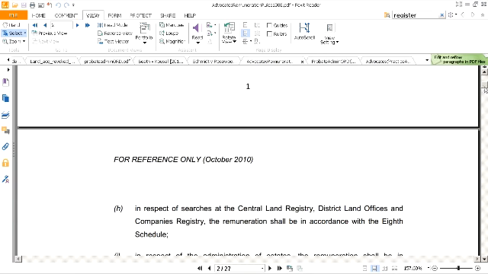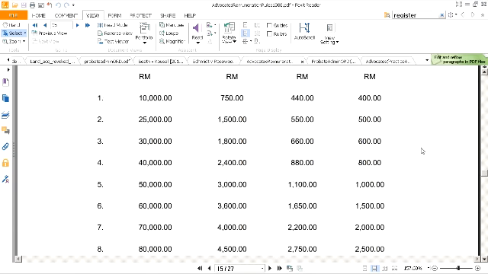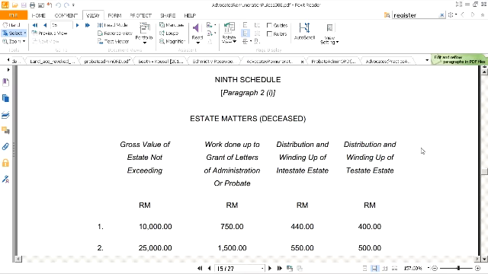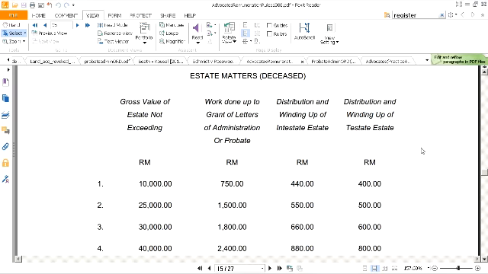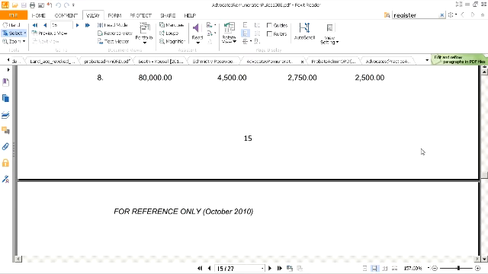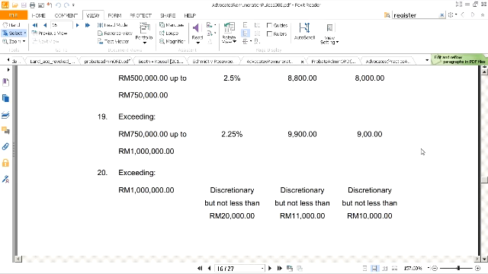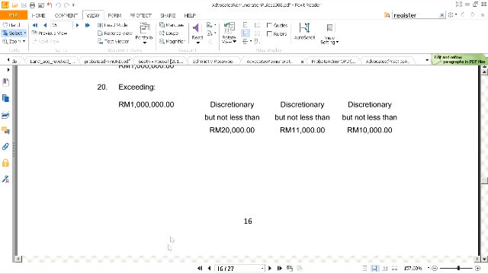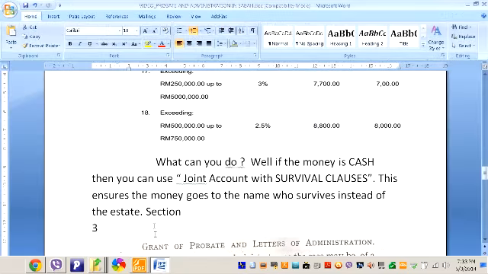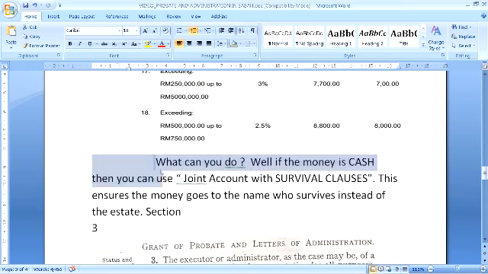It's coming up. If you look at the bigger amount, I mean, nobody has 10,000 nowadays, but if they do, then look, 2.5%, 2.5% for 500,000 to 750,000. That is common nowadays. Anything exceeding 1 million cannot be less than 20,000.